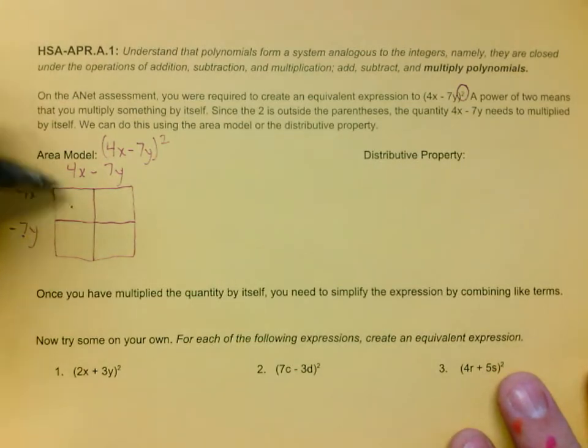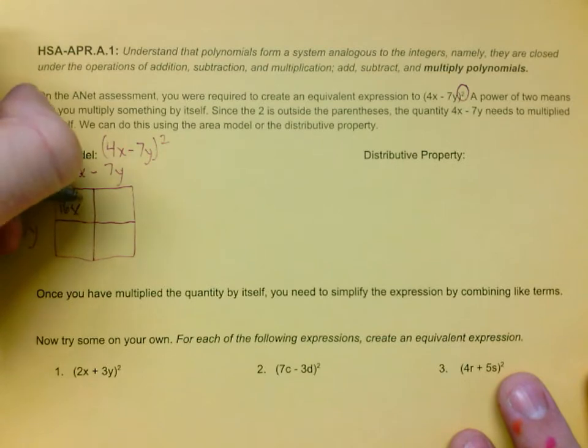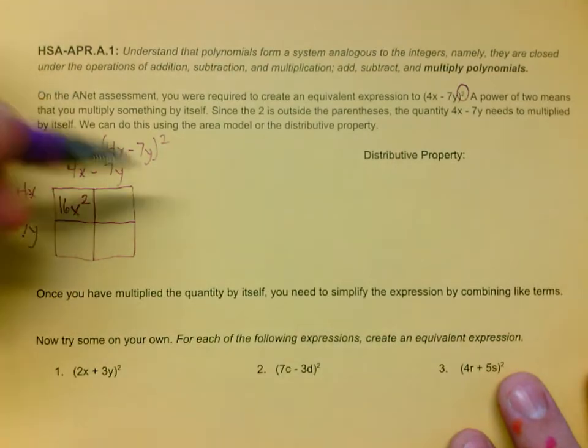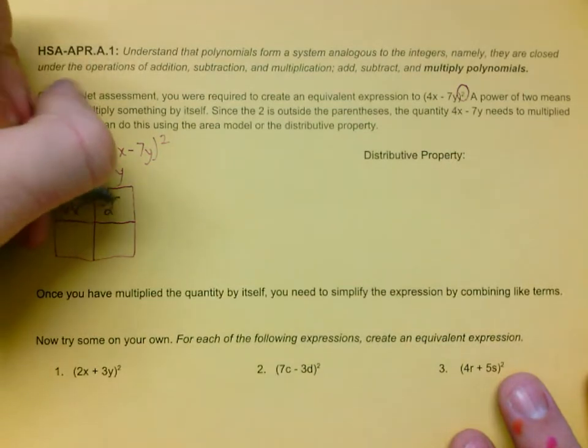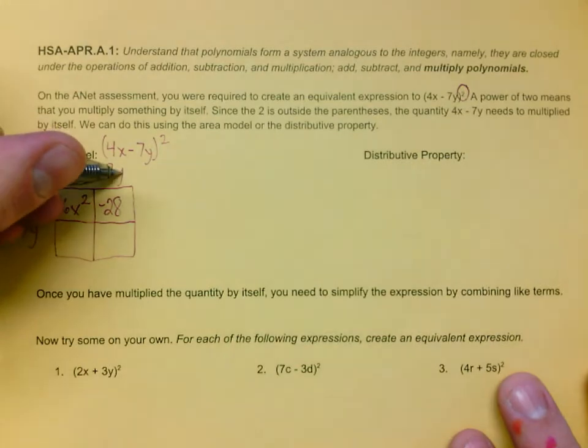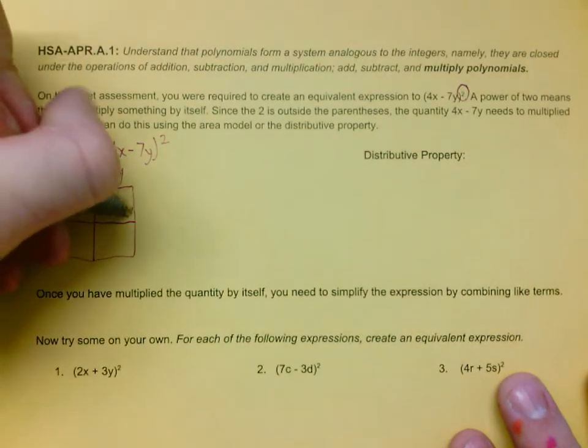To get the first box, you do 4 times 4, which is 16, x times x, which gives you x to the power of 2. Next box, multiply the coefficients. 4 times negative 7, negative 28. X times y, 2 different variables, just leaves you with xy.